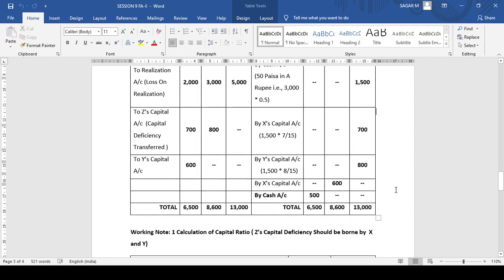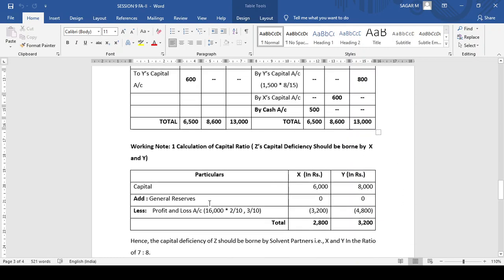So for this purpose, we need to make a small note, that is the calculation of capital ratio. This one is for the capital deficiency of Z to be shared by X and Y. As usual, we need to begin with the capital balances of X and Y. If there are any accumulated profits or reserves, we need to add them. And in the problem, we are provided with accumulated loss.